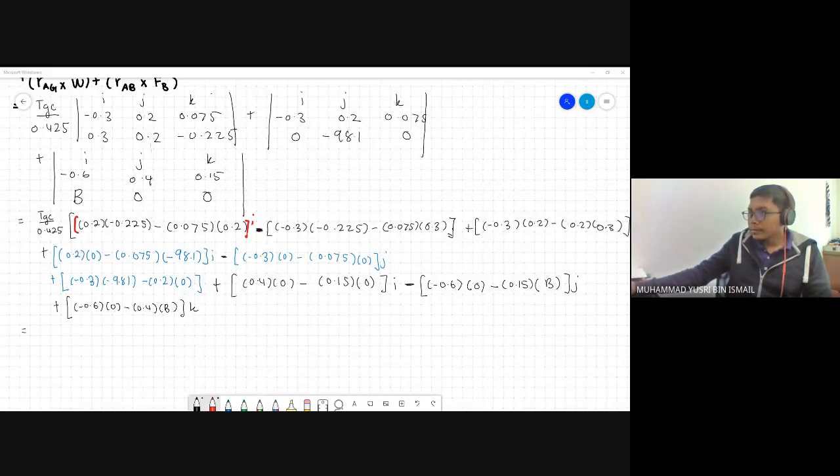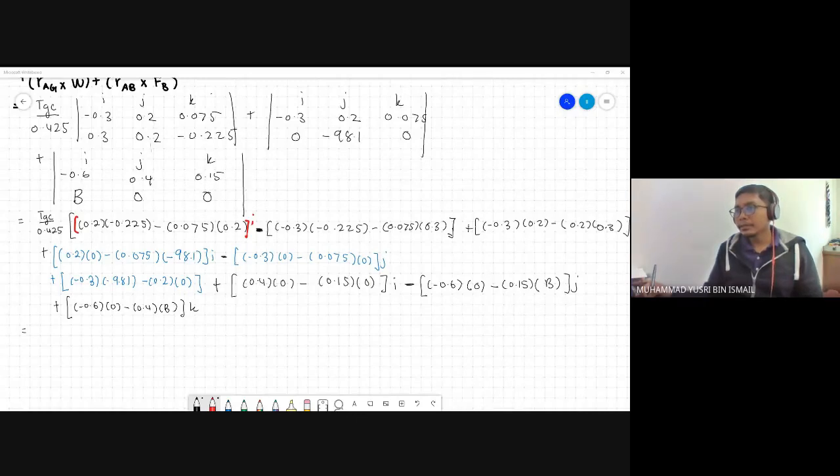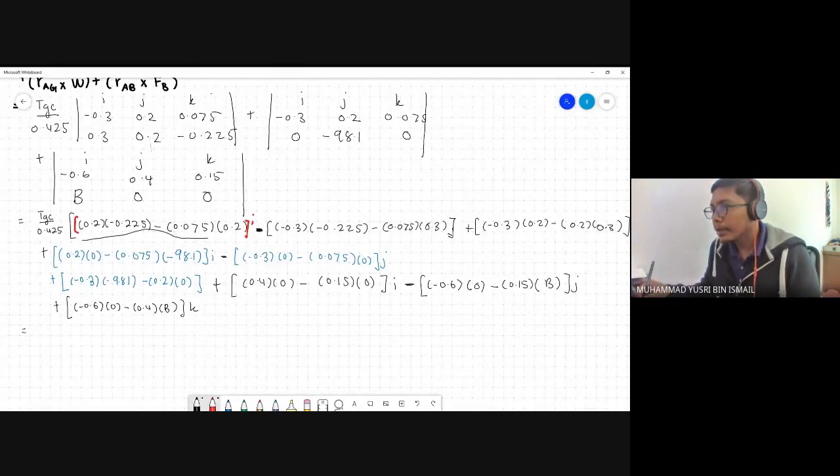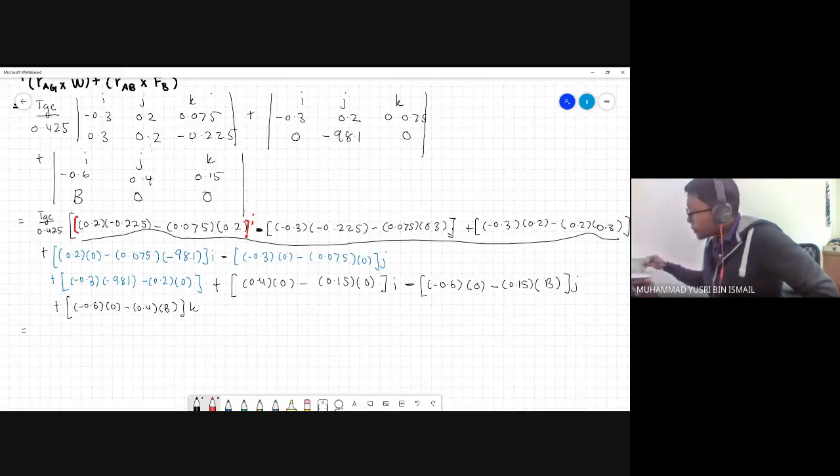Okay, did you calculate? For TGC, make sure after you finish calculate all this part, for I, J, and K, and then times with TGC over 0.425. For this part, what did you get?